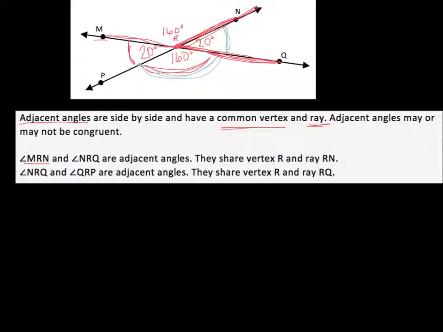Okay, so again, please pause the video and read through this slowly and ask, does this make sense? It's just like when we talked about adjacent sides. Well, this is just saying they're two angles that are next to each other, that's all. They share a ray and a common vertex or a point.